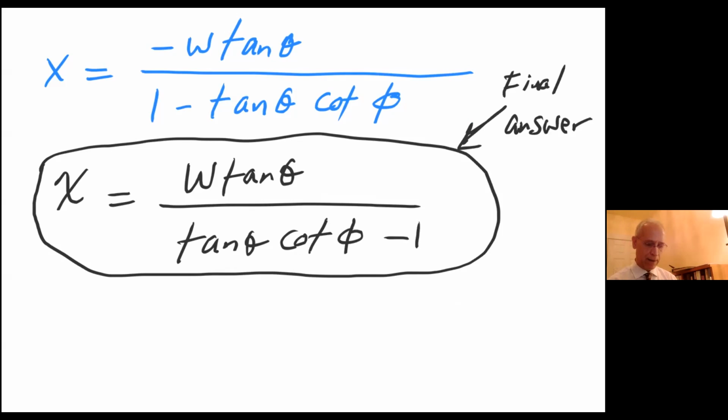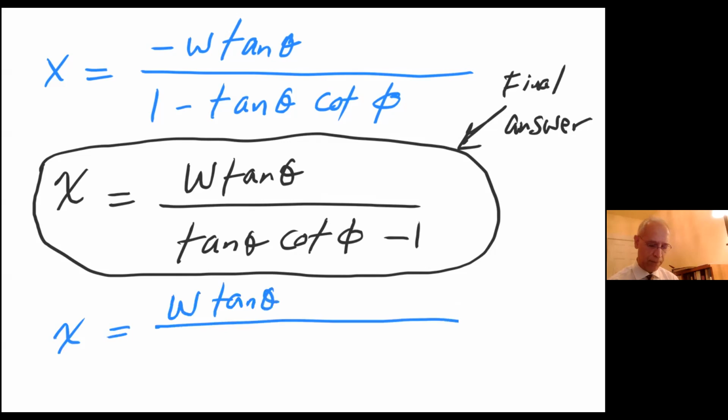Let me go to the next page. If I rewrite this, x equals w tangent of theta over tangent of theta. Instead of cotangent of phi, I'm going to write 1 over tangent of phi, just for sake of discussion. And here is -1.